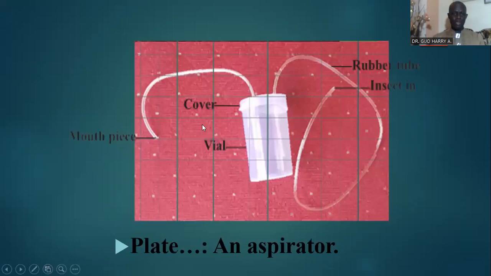The aspirator consists of two pipes, one that has a mouthpiece that is sucked, and the other part that is held close to the insect. It also has a vial. Now, how is this aspirator being used?